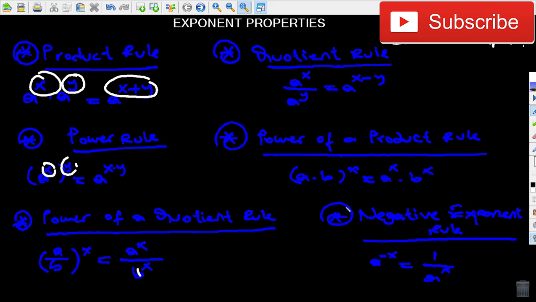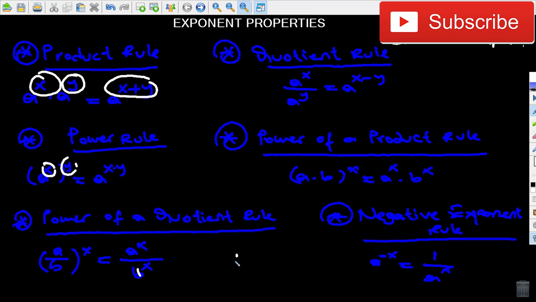Okay. The next thing that we're going to learn is the negative exponent rule. Whenever we have a negative exponent, as you can see, a to the power of negative x, we can convert it into a positive exponent by moving it to the denominator as a positive exponent, and we're going to put 1 over a to the power of positive x.